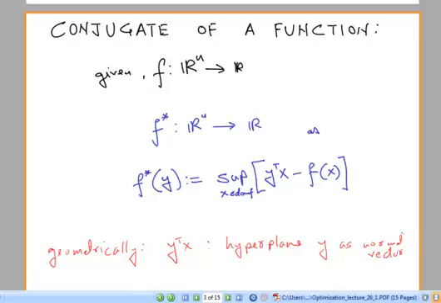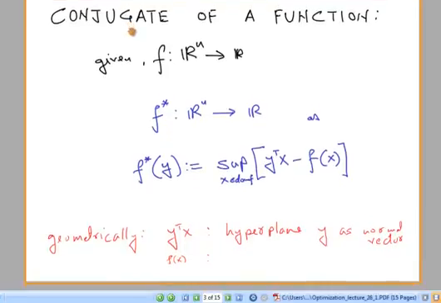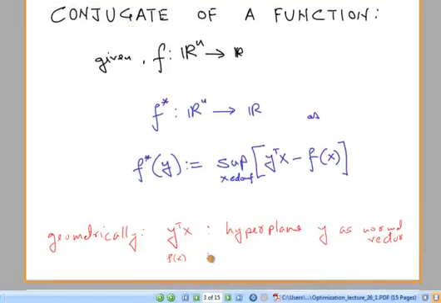Correct? And f(x) is just some surface, some curve.